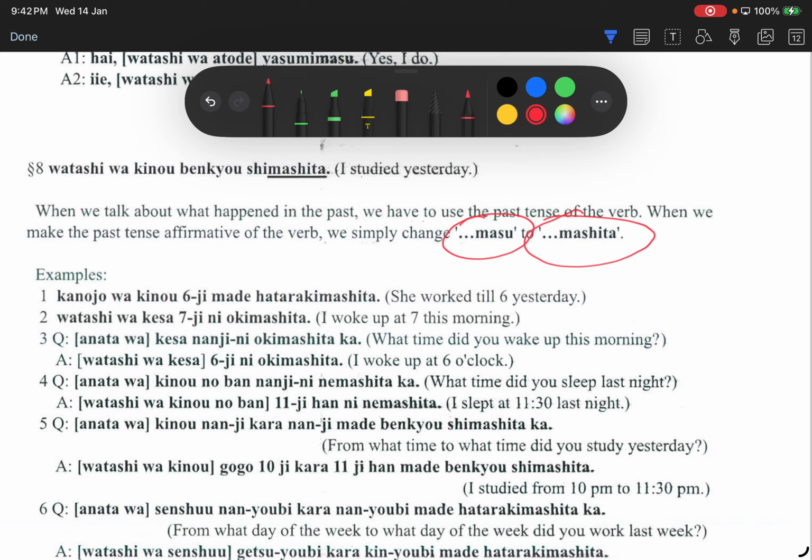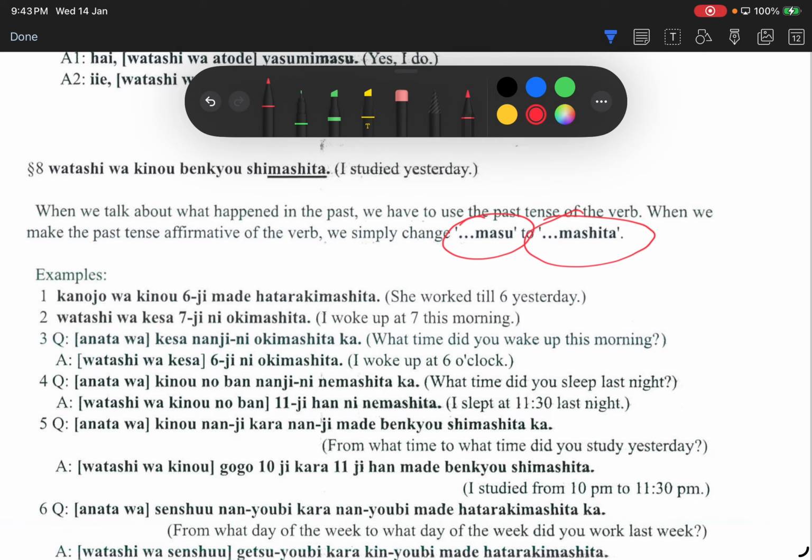That's why I can say this morning. So because it is this morning, we use past tense. Okimashita. So I woke up at 7 this morning. Make sense? This one uses ni. I wake up at 7. I never say I wake up from 7 or until 7.